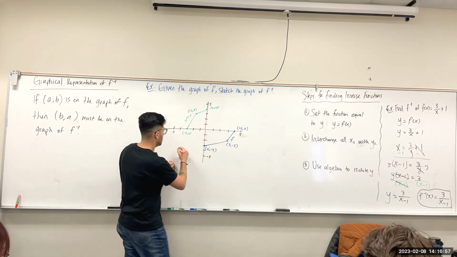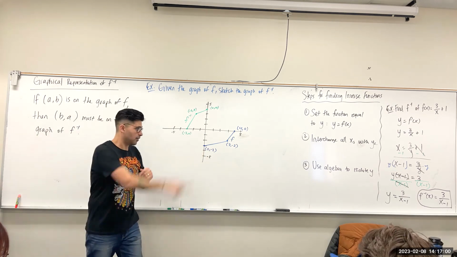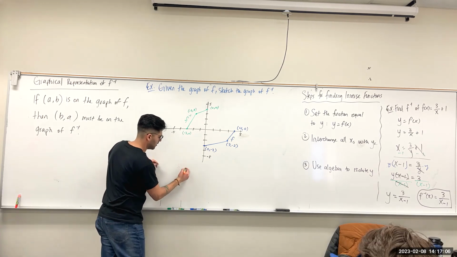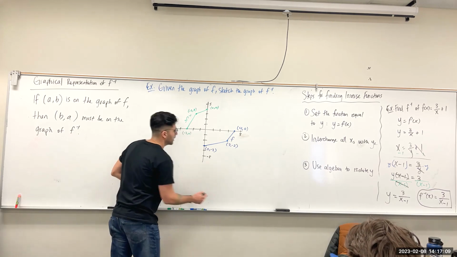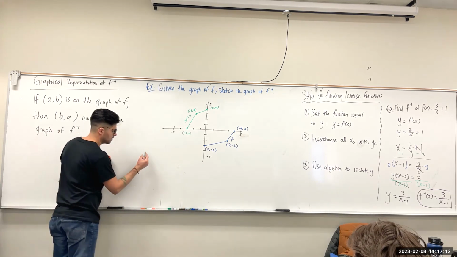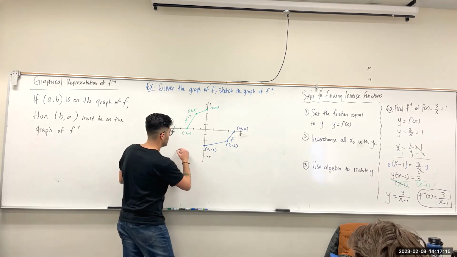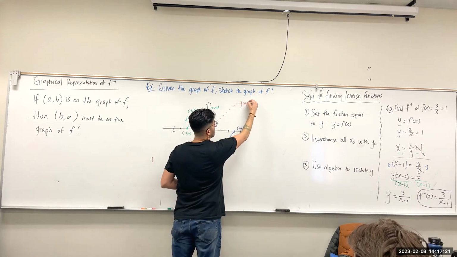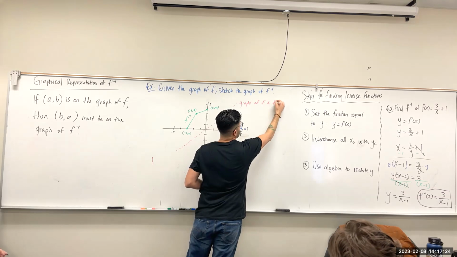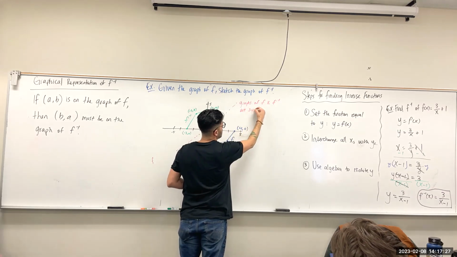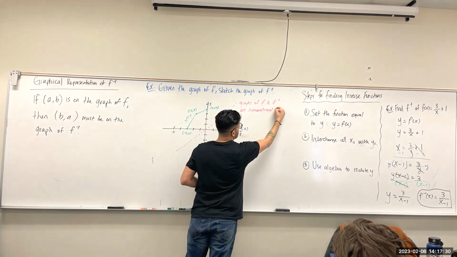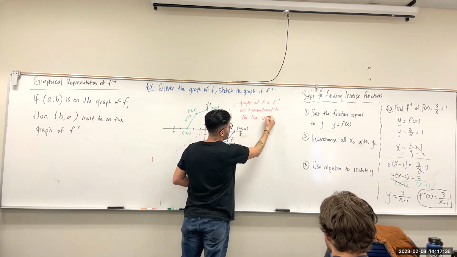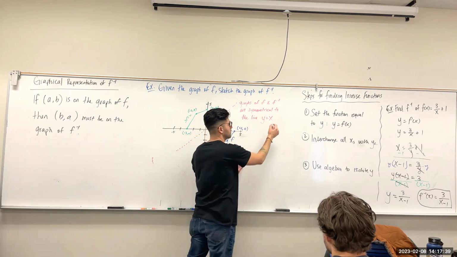See that? So this diagonal here. Yes. So the graphs of F and its inverse are symmetrical to the line y equals x, where x and y literally equal themselves.